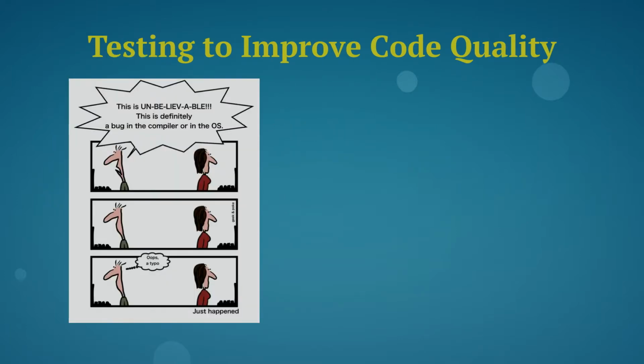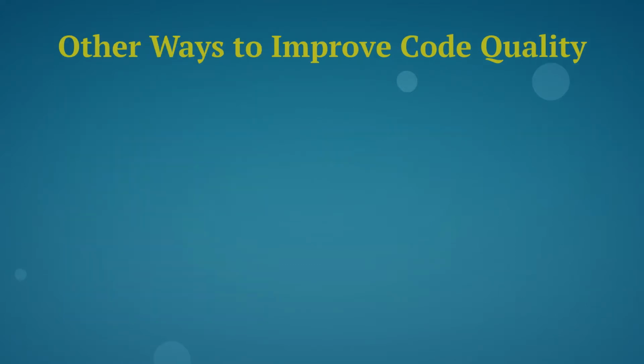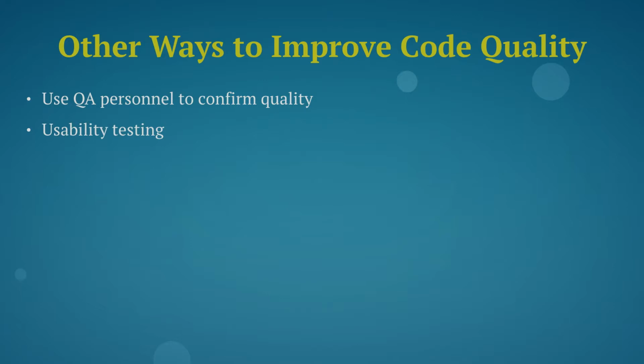Testing to improve code quality. Well, you can use linting, you can use automated tests, unit tests, functional, non-UI, UI, and so on. And maybe you'll have less of those situations in the comic there. Okay, other ways to improve code quality. You can use QA people. You can do usability testing.